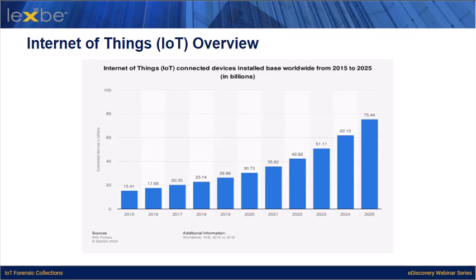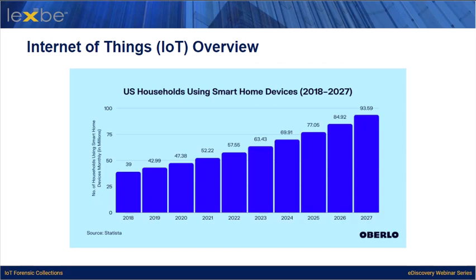And then here's a chart that shows the number of households using it from 2018 to expected in 2027. Right now, in 2024, we have, or expected to be, 69.91 million smart home devices in our homes.